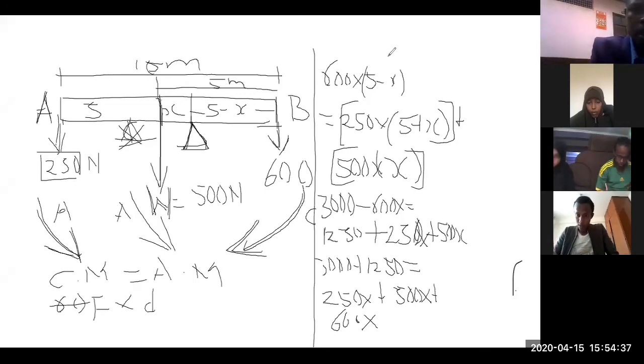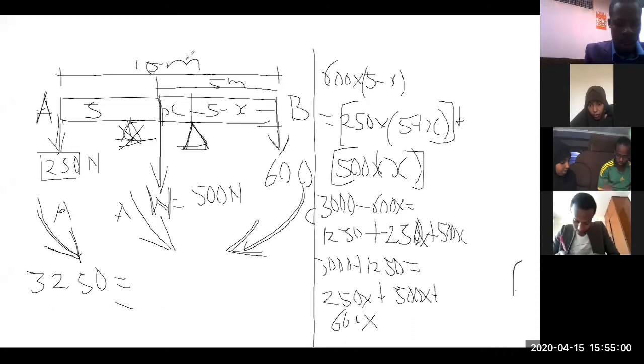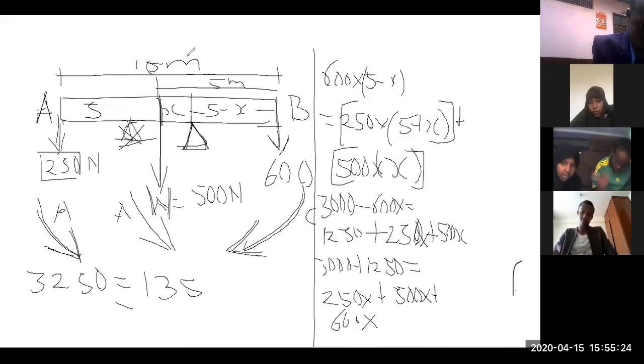So we're going to have 3,250 being equal to, if you sum all that out, 250 plus 500 plus 600, that gives you 1,350x.